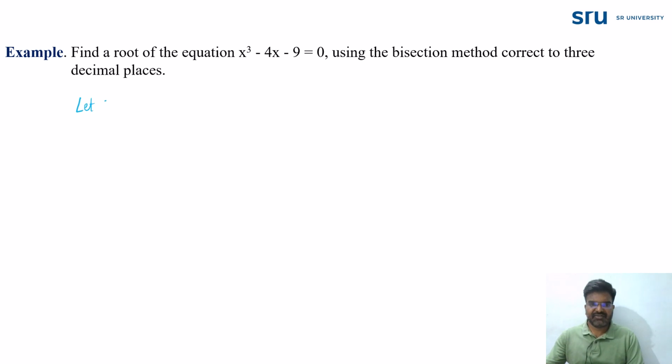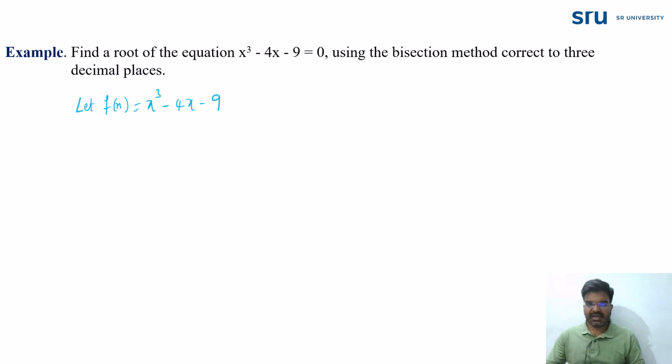So let f of x equal to x cube minus 4x minus 9. Already we know the concept in bisection method. We have to identify the interval in which the root of the function exists. So how do you identify the interval?